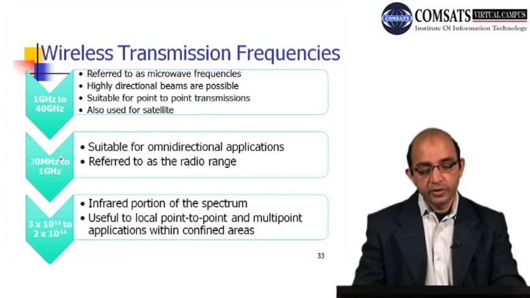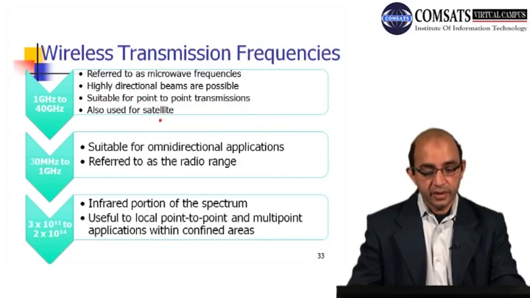If we talk about the 1 gigahertz to 40 gigahertz range, these frequencies are referred to as microwave frequencies, and they are highly directional beams, right? This sort of propagation is suitable for point-to-point transmission, right? And they are effectively used for satellite communication.